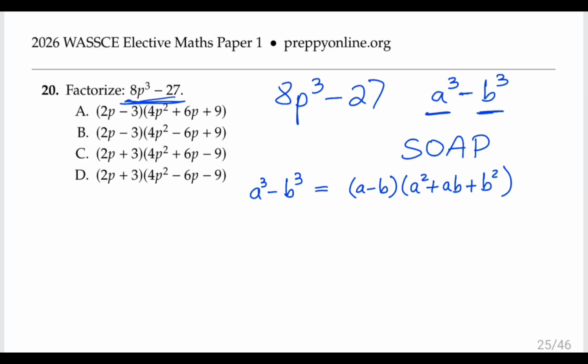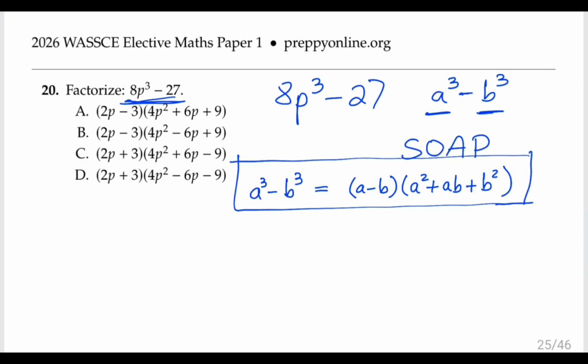So this is a formula. In fact, it's an identity that you have to memorize because it's going to make your life easier. Whenever you have a difference of cubes, this is how to factorize it. And in fact, a sum of cubes also follows this. So let me put that here.